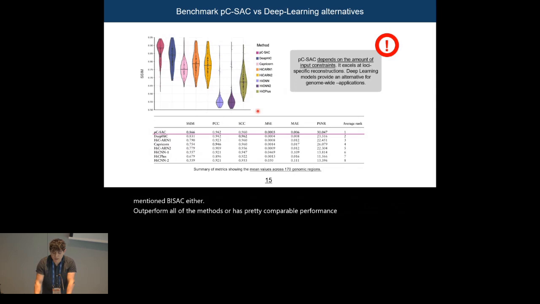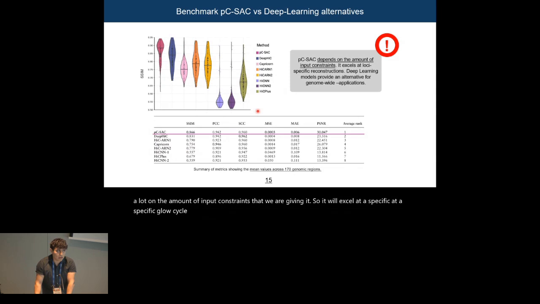However, here it is important that we make this disclaimer that the performance of pC-SAC depends a lot on the amount of input constraints that we are giving it. So it will excel at specific loci reconstructions, but deep learning methods are a pretty good alternative if you want to make studies at the genome-wide scale.